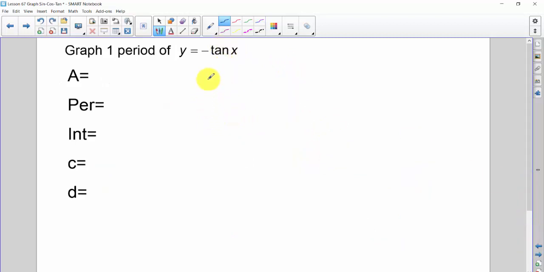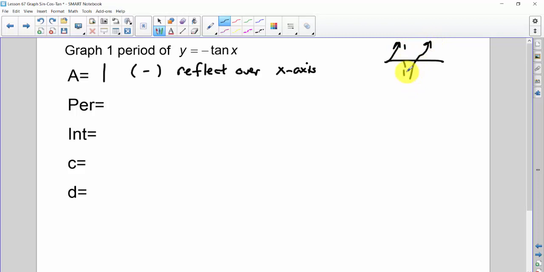So for the graph of negative tangent of x, I identify my amplitude of 1, but because there's a negative, I get a reflection over the x-axis. And if you remember, our original tangent graph looks something like this.